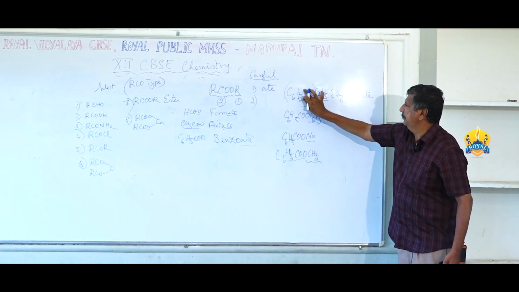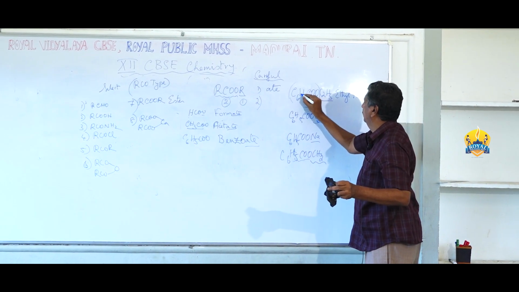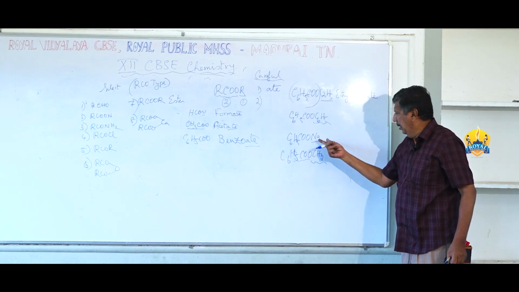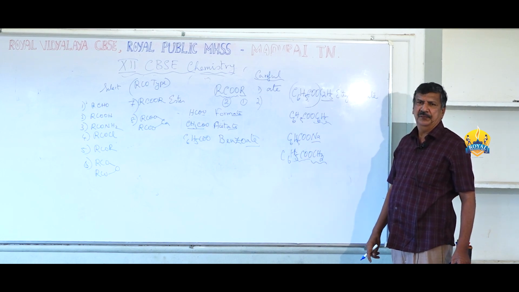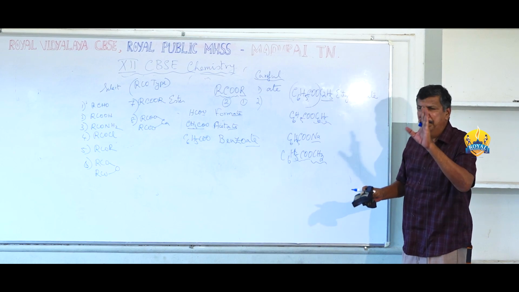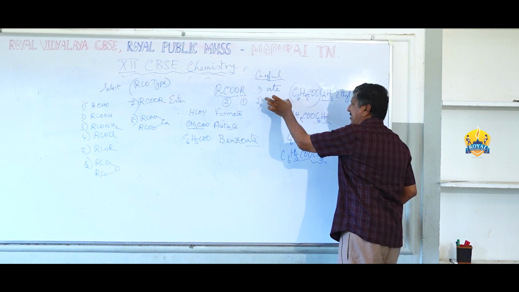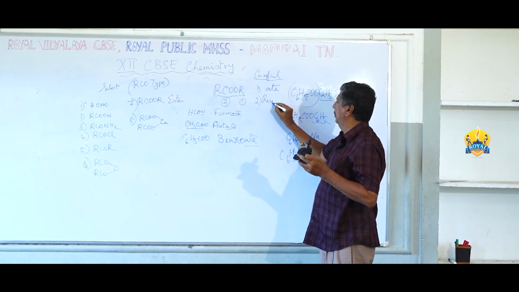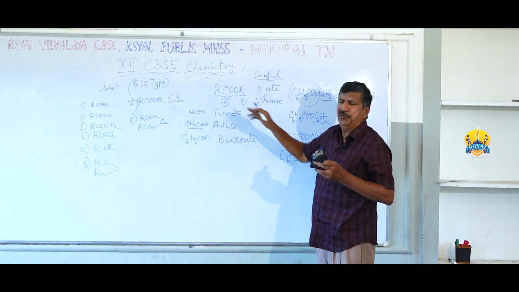Ethyl benzoate, phenyl benzoate, sodium benzoate, methyl benzoate. So, this is how you should name the ester. In ester, be careful. First one, the -ate is meant for ester. Secondly, you should reverse while naming the compound. Reverse. First this one, second this one.